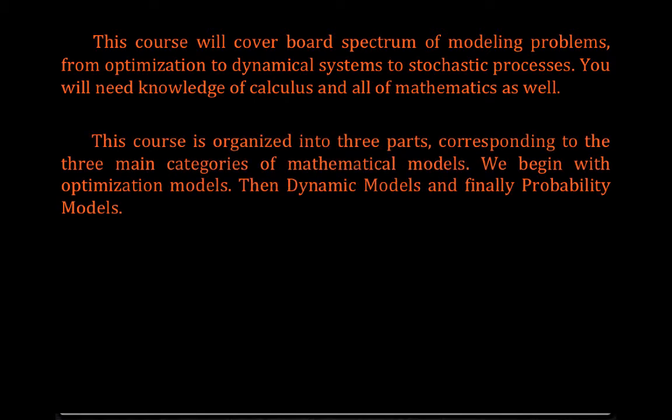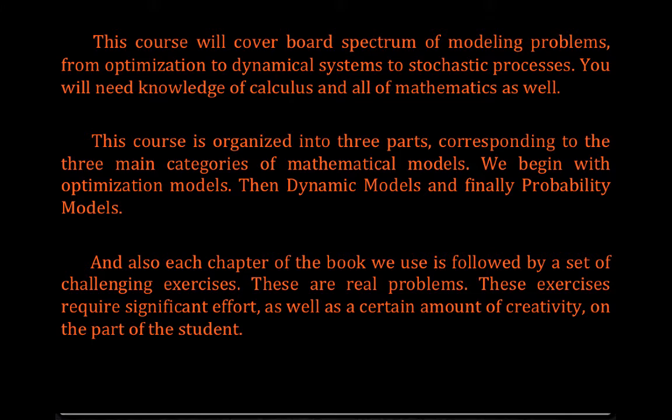This course is organized into three parts corresponding to the three main categories of mathematical models. We begin with optimization models. Yes, the first few chapters talk about optimization models, then we go to dynamic models, and finally probability models.